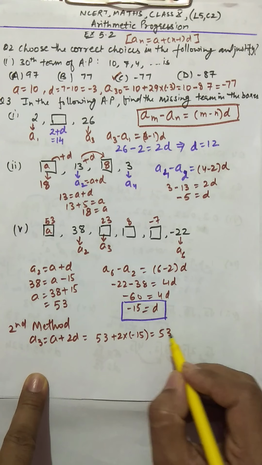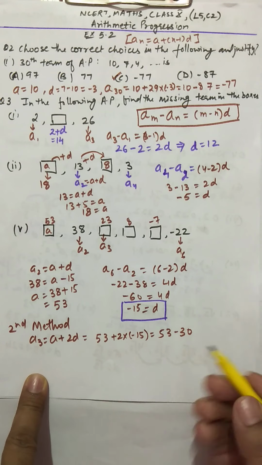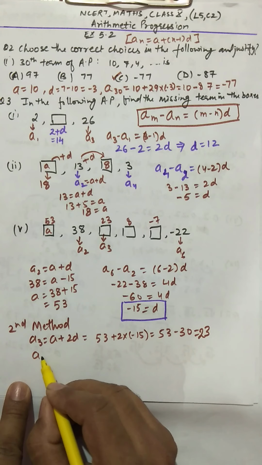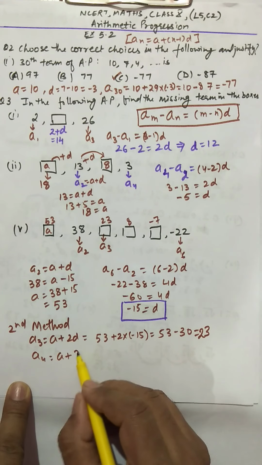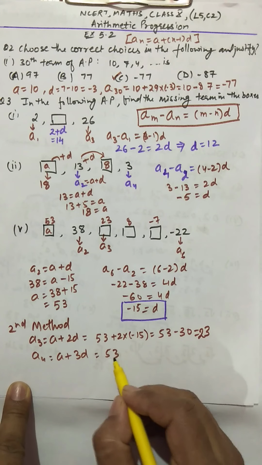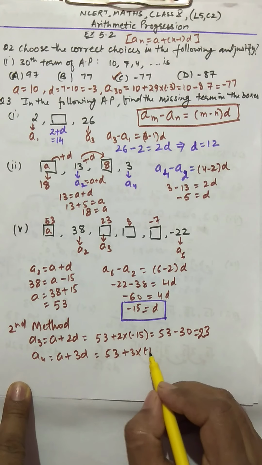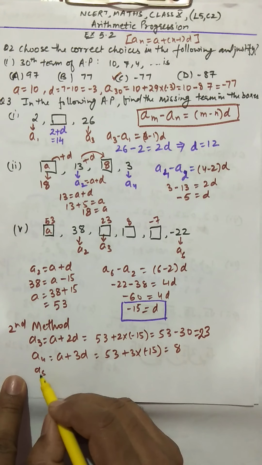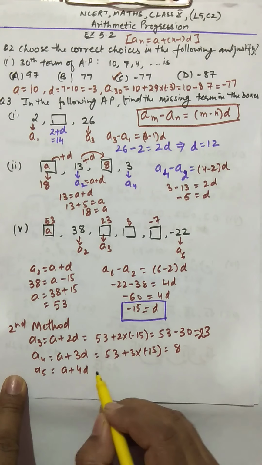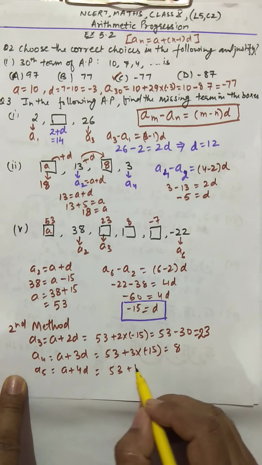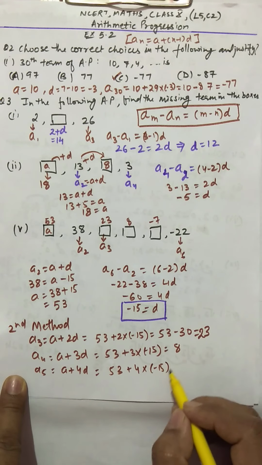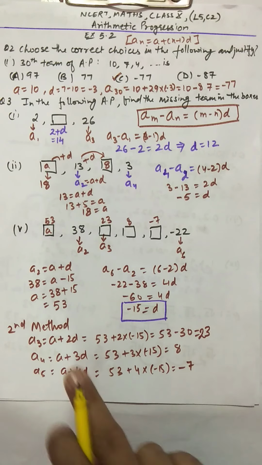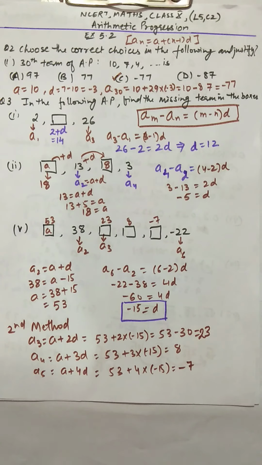So 53 minus 30 gives 23. Similarly, A4 you find by applying the formula A plus 3D: 53 plus 3 into minus 15, minus 45, this is going to be 8. A5 you can obtain as A plus 4D: 53 plus 4 into minus 15, this is minus 60, so this is going to be minus 7. So this way, using the formula, you can find all the values.